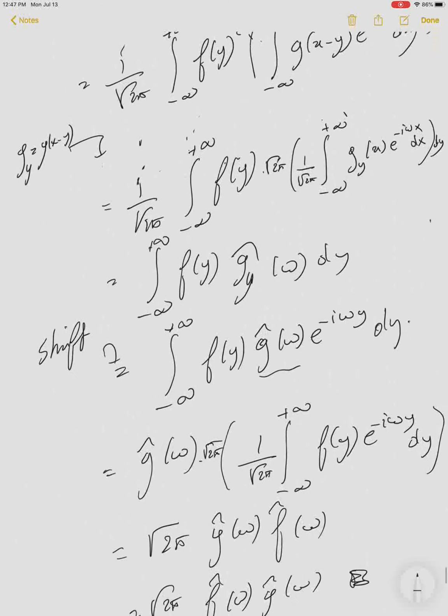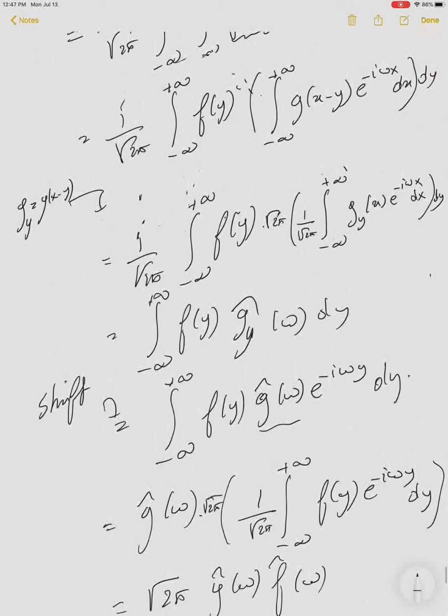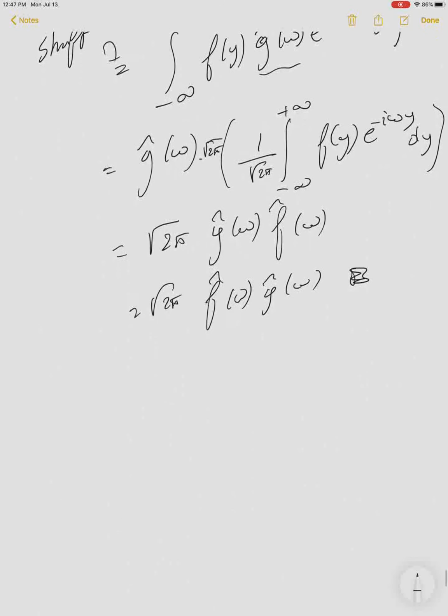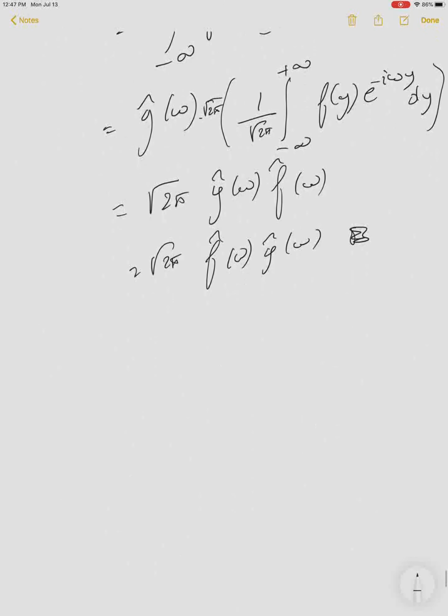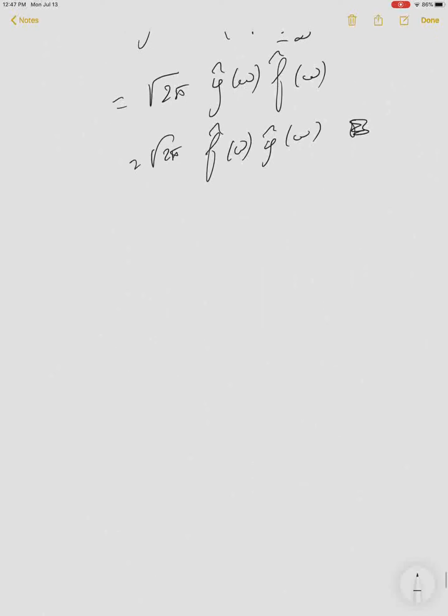Okay. So convolving in the physical space is like multiplying in the frequency space. So multiplying in the physical space, by symmetry, should look like convolving in the frequency space, and this is the next theorem or corollary, and now I will prove it by symmetry.